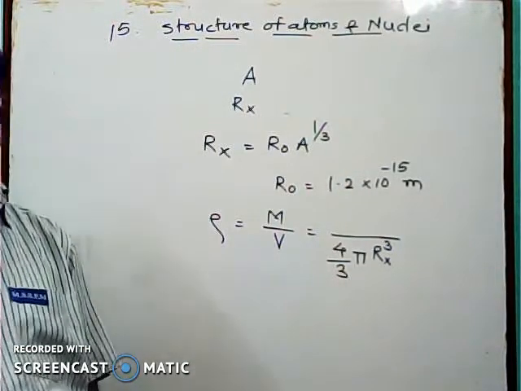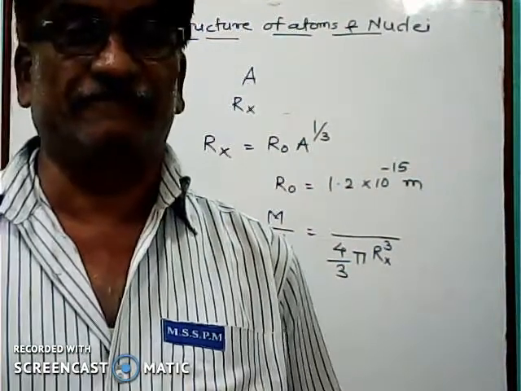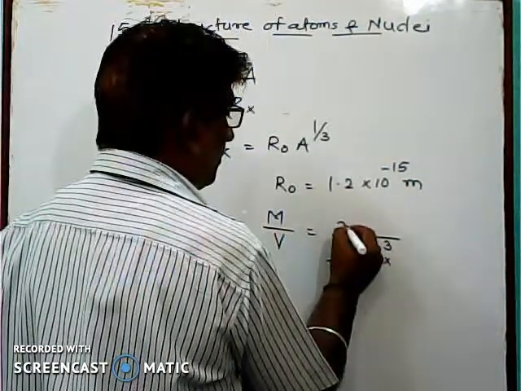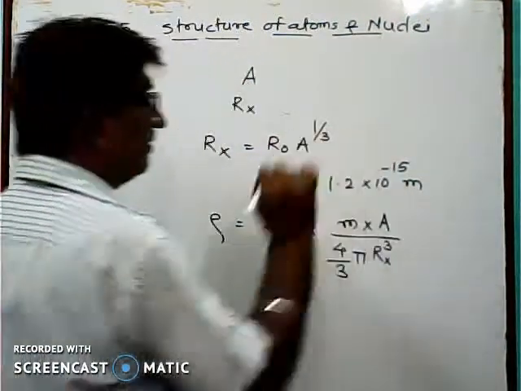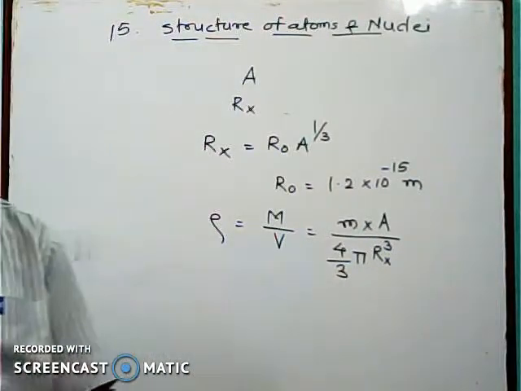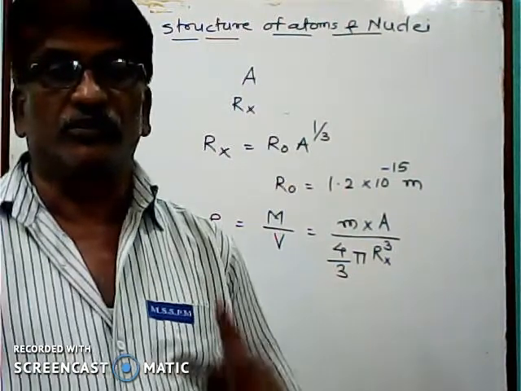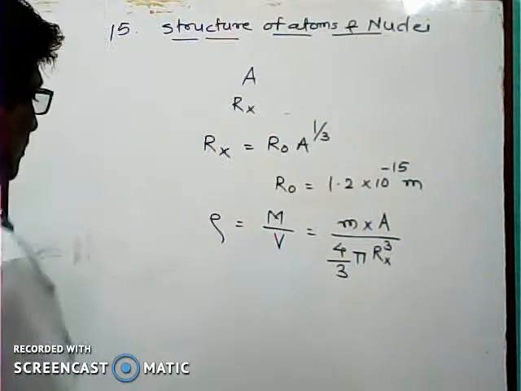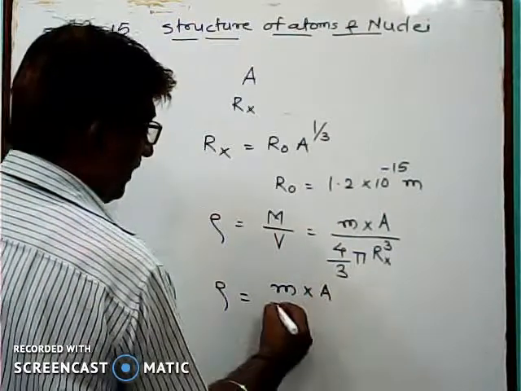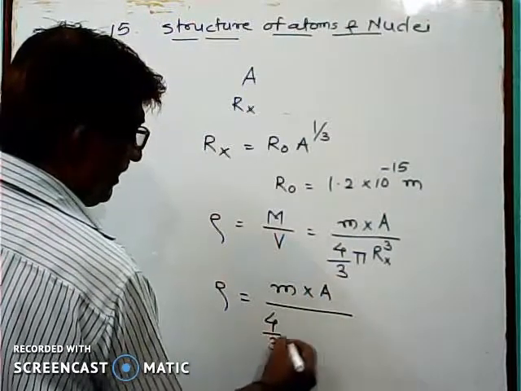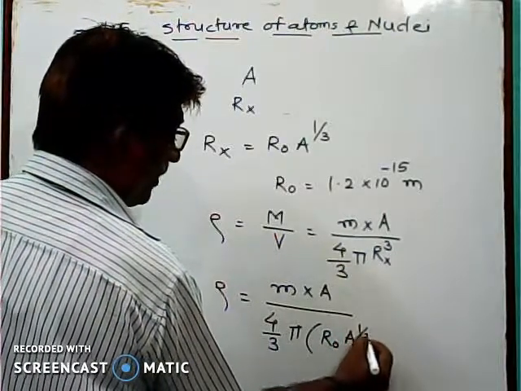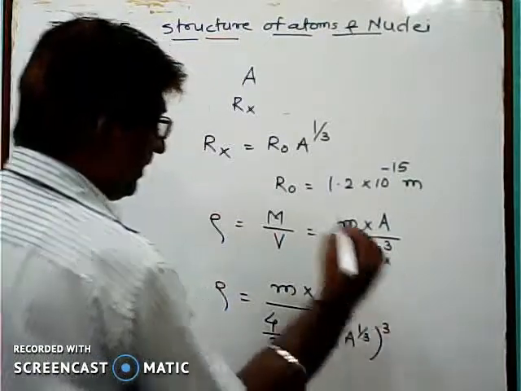And capital M, the mass of the atom, will be m into A, the atomic mass number. Substituting the value of Rx, rho is equal to m into A upon 4 upon 3 pi in bracket R0 A raised to 1 upon 3, raised to 3.